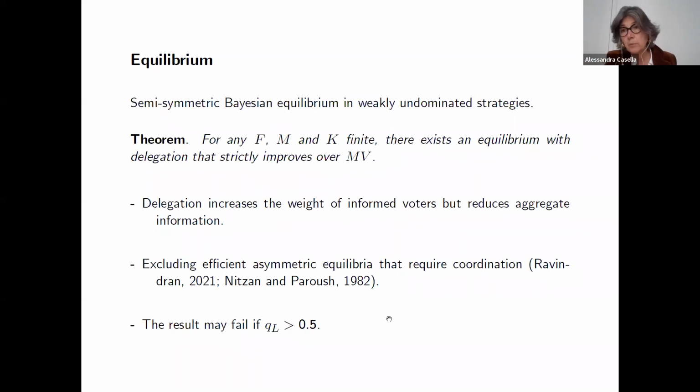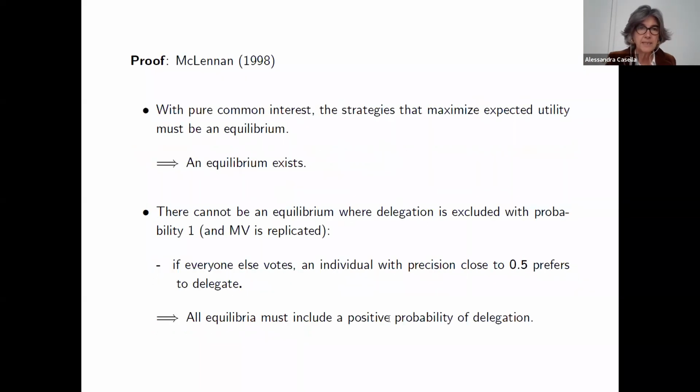But if QL is not 0.5, then you might not get the theorem. It's enough to have any distribution with a small tail at 0.5, so that there are some non-experts who are very badly informed. Anyway, this is our result.